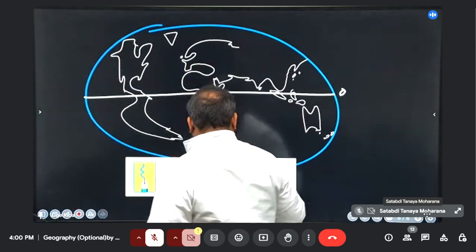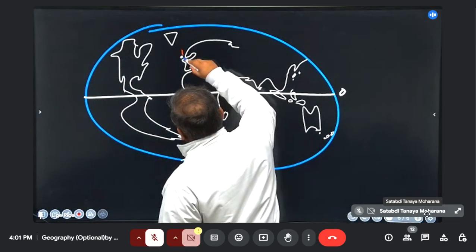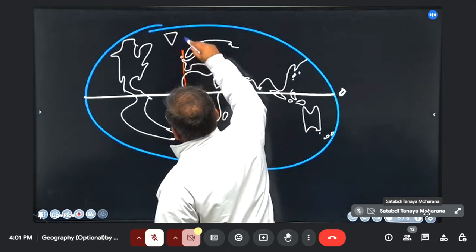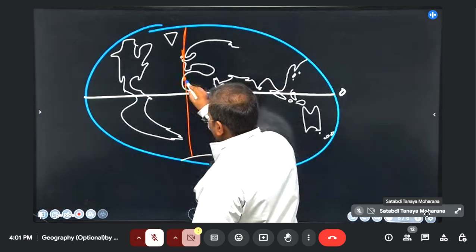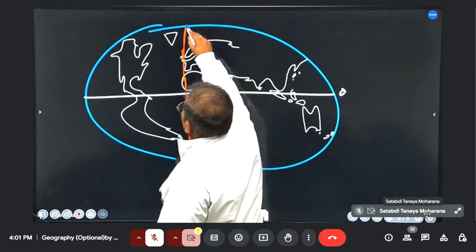So this is the Greenwich line. It passes through Spain also, if you make a correct map, and through countries of Africa also. This is the Greenwich line, 0 degree.